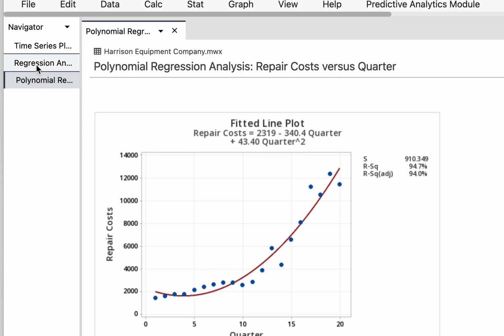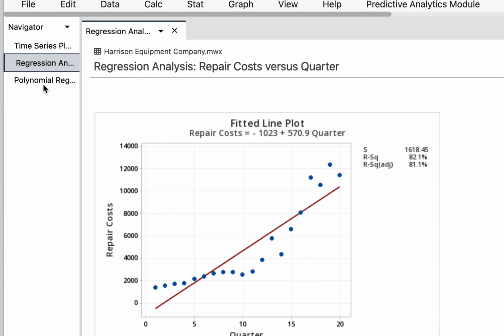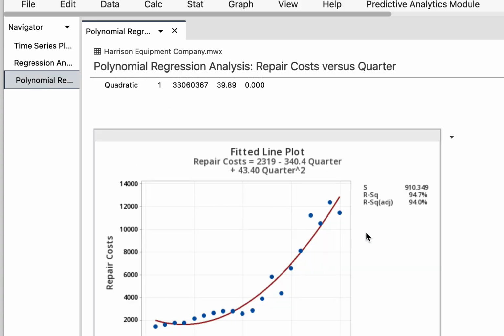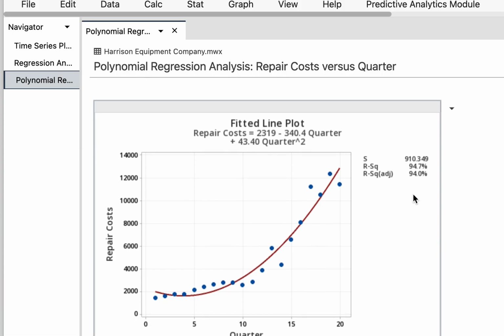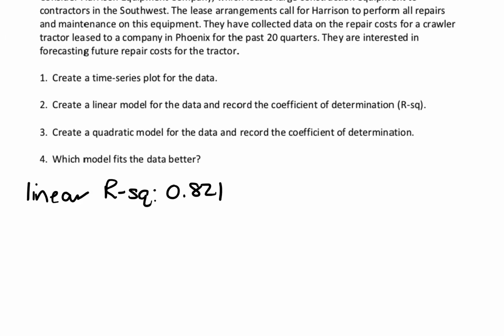So I'll go back to the line here so I can look at them both. Points here are further away from the line than they are from the quadratic curve. So my R-squared value here, 94.7%, or 94.66. Again, that would round up to 94.7 or 0.947 for my R-squared value.